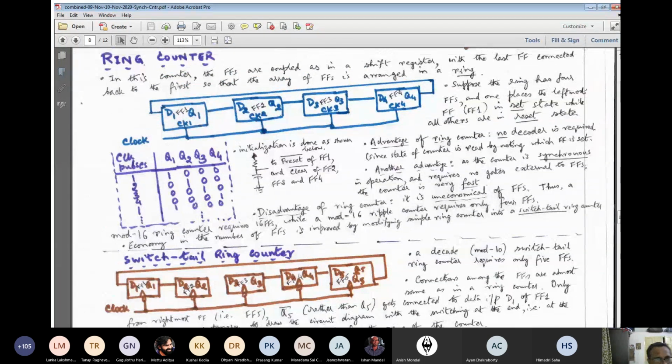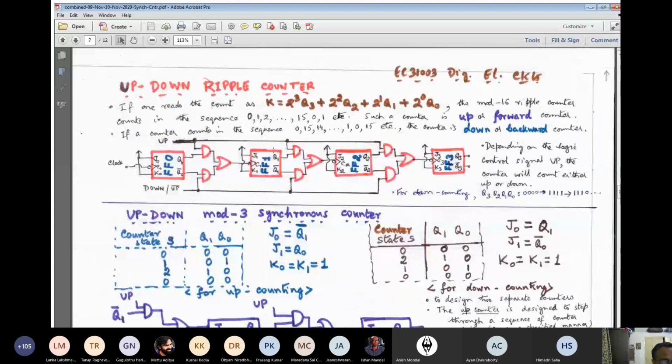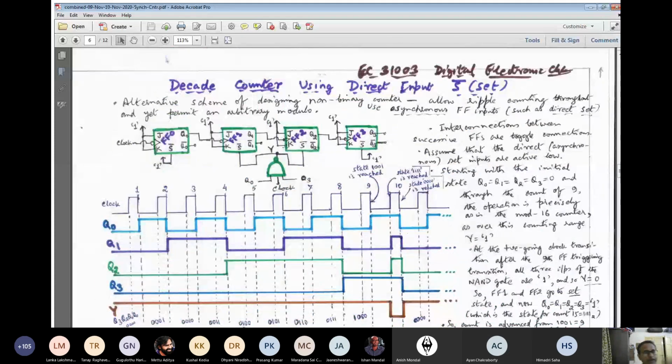Let me recapitulate what you have learned today. You have learned about a decade counter using direct input. That means a non-binary counter, designed in a very simple and straightforward way by drawing the ripple connection. If you are asked for an asynchronous binary counter, you can do it without thinking at all, in the forward direction. Then you slightly modify it to get a non-binary counter, but the modulus should be less than 2 to the power n, where you are using n flip-flops.